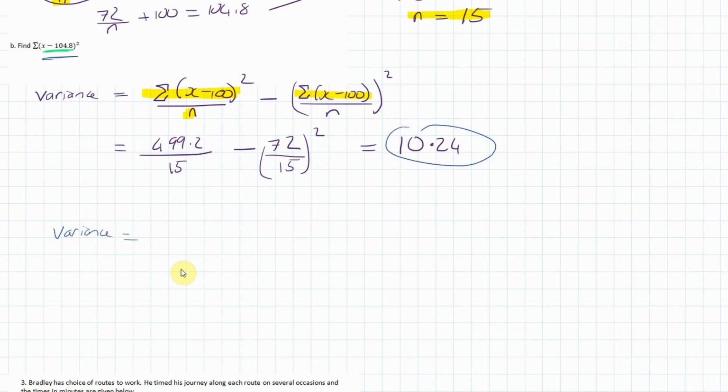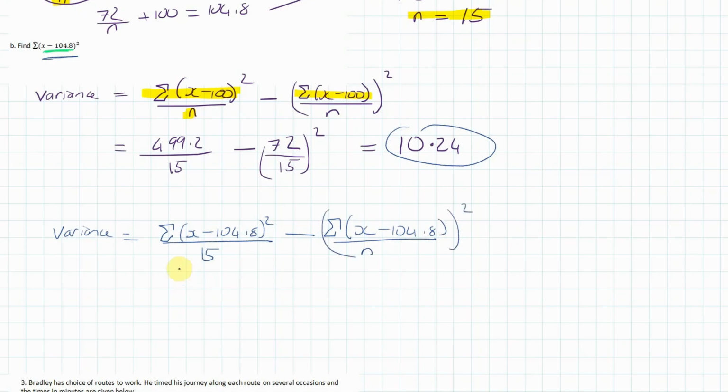We're going to take the thing that we don't know and we're trying to find out, x minus 104.8 squared. We know that n is still 15, then we're going to subtract the mean. Now, we're going to go that x minus 104.8, that's our mean. We're going to divide it by n, and then we would square that whole thing.